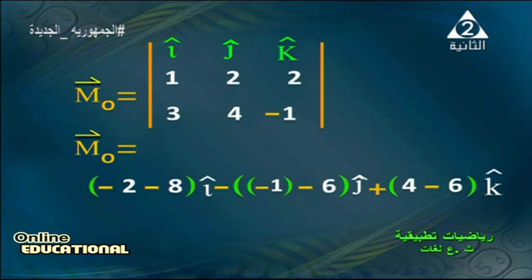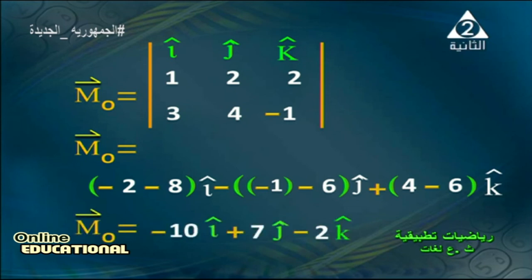Then the moment about O equals -2 minus 8 in direction I minus -1 minus 6 in direction J plus 4 minus 6 in direction K.